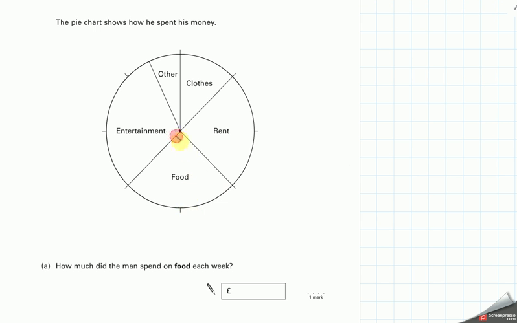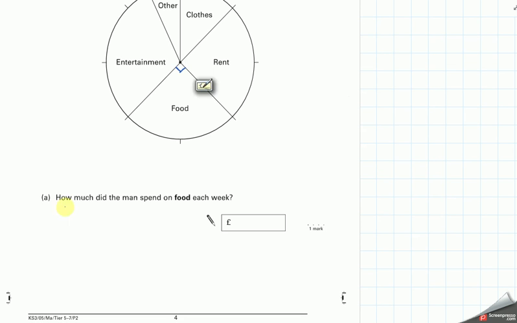That is 90 degrees. That means he spent about a quarter of it. So he did 90 degrees of 360 degrees is the food out of £16. And I can rearrange and multiply by 16, or just say a quarter. And a quarter of 16 is £4.